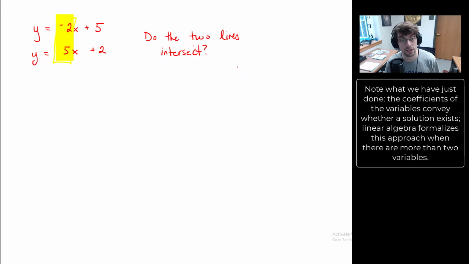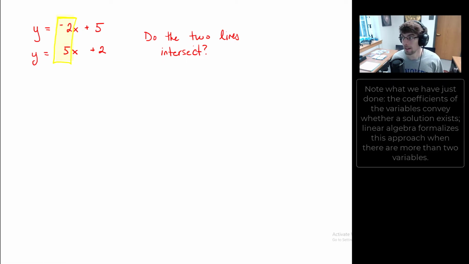Therefore, a solution exists. Right? That intersection point is the one location where the x and y values match, and therefore that's the answer. In fact, graphically, we can do that.